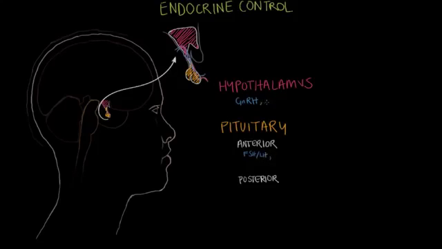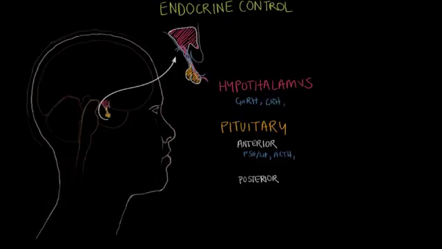Another example of how the hypothalamus controls the pituitary gland, which ultimately controls the endocrine glands, is corticotrophin releasing hormone. And corticotrophin releasing hormone stimulates the anterior pituitary's release of adrenocorticotropic hormone, ACTH. Adrenocorticotropic hormone goes down to the adrenal glands, and it stimulates the adrenal glands' release of its hormones.